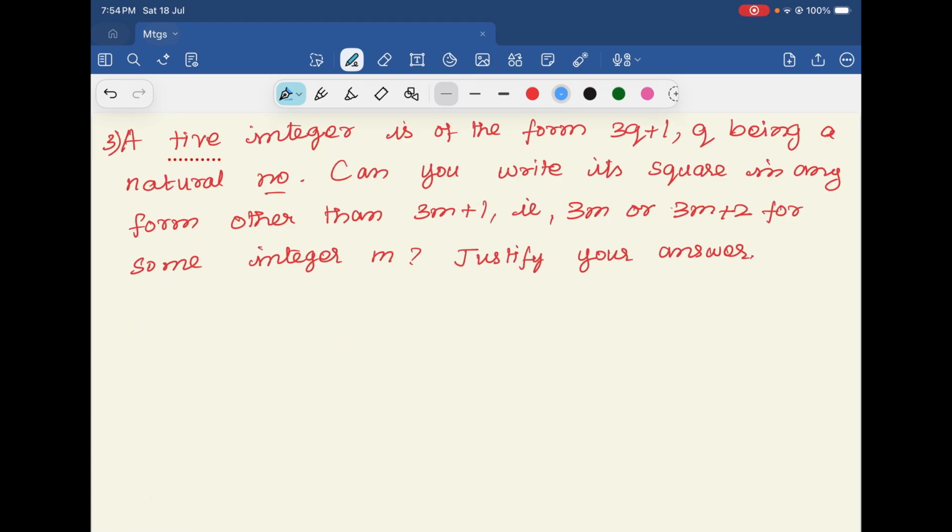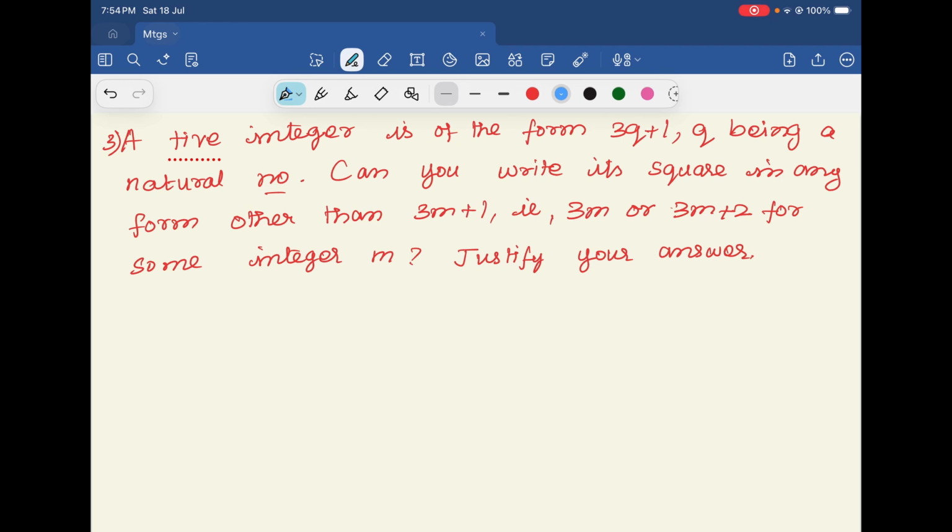The next question: a positive integer is of the form 3q plus 1, q being a natural number, so here q doesn't take 0.